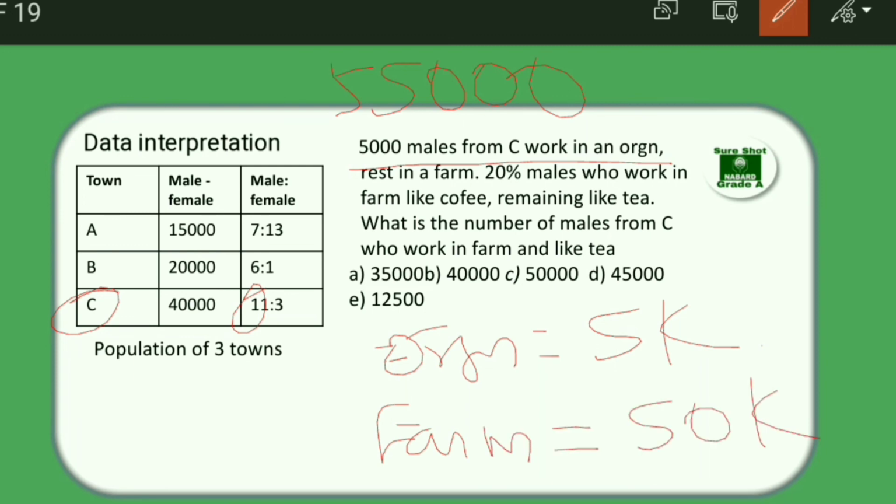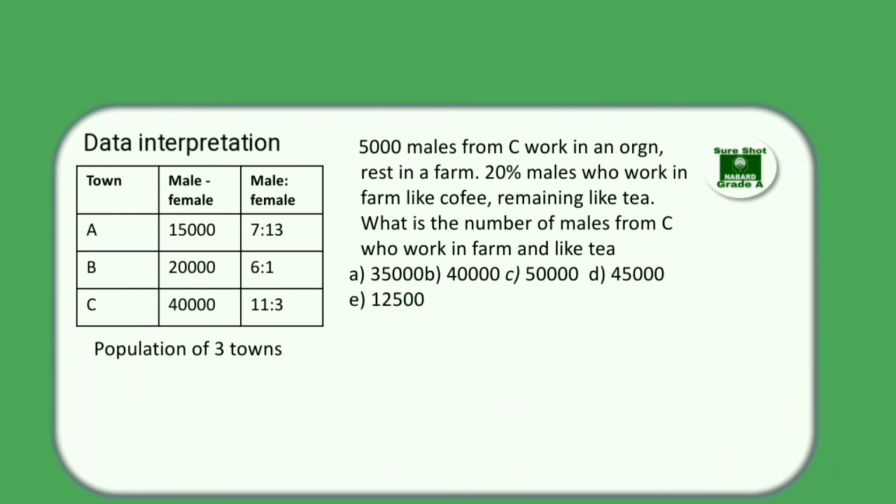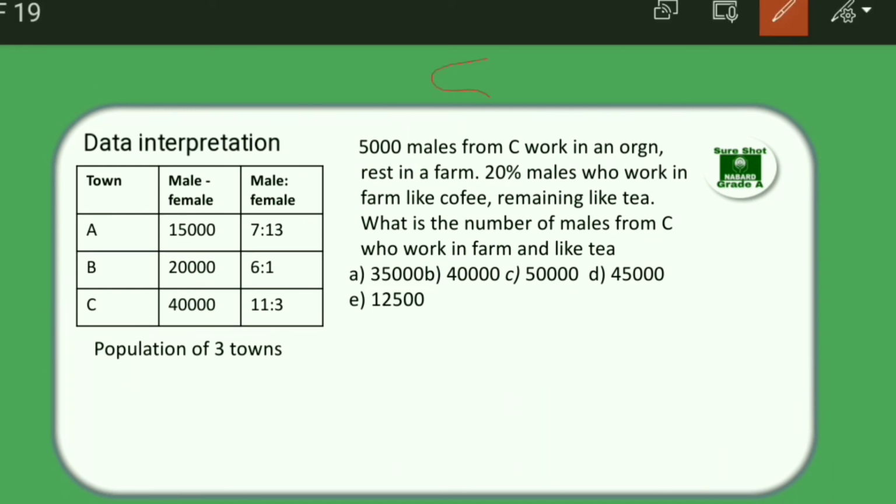20% of males who work in farm like coffee, the remaining like tea. What is the number of males from C who work in farm and like tea? So everything is about farm, so we will just write the number we are concerned with. Here are the persons who work in farm.